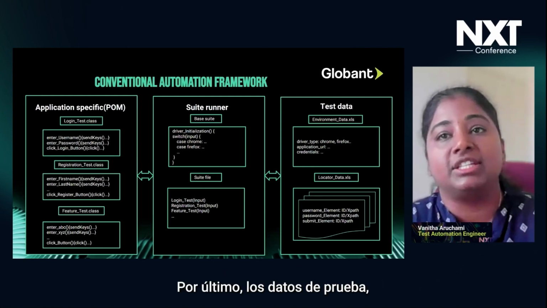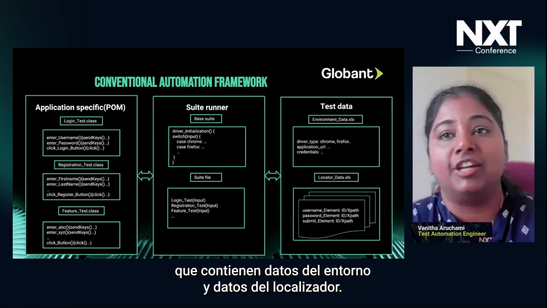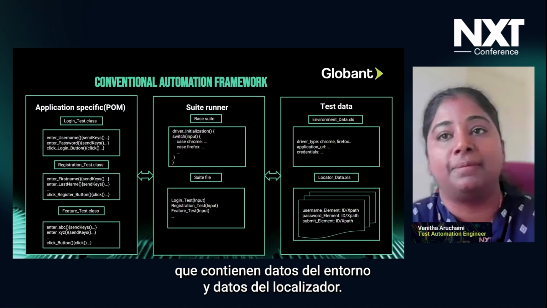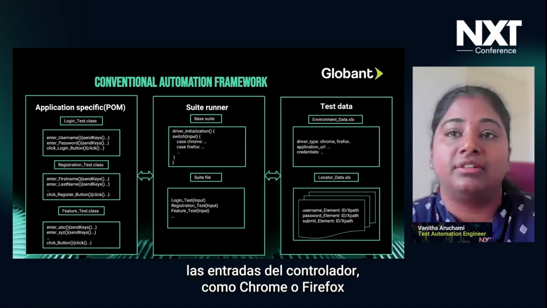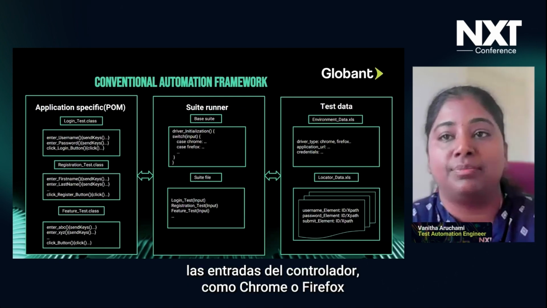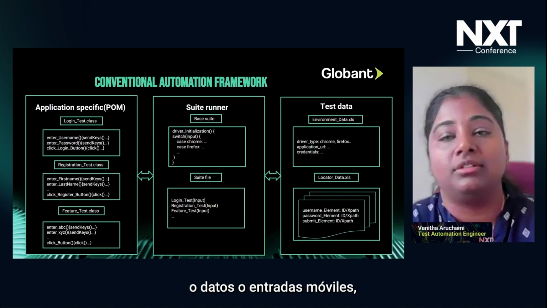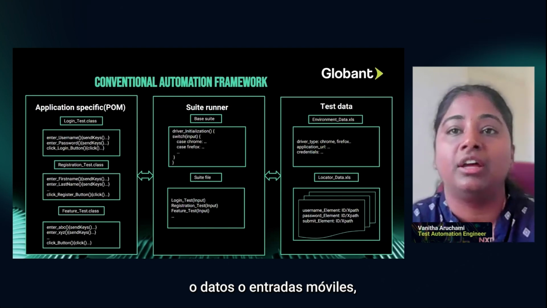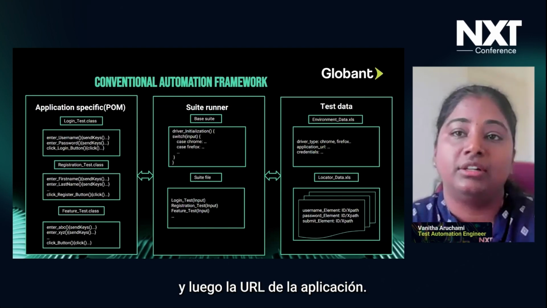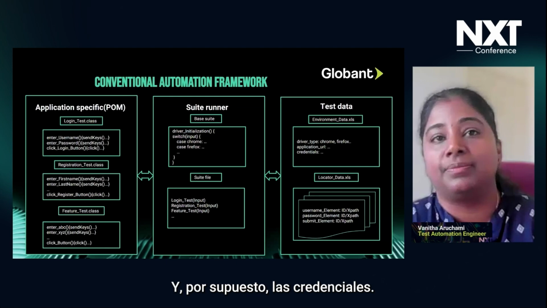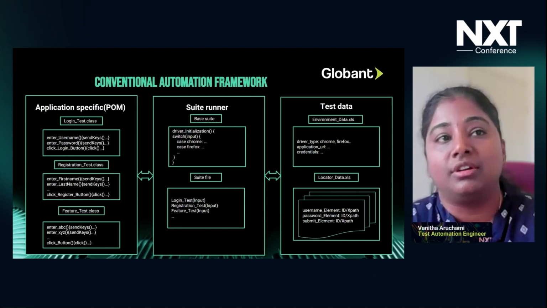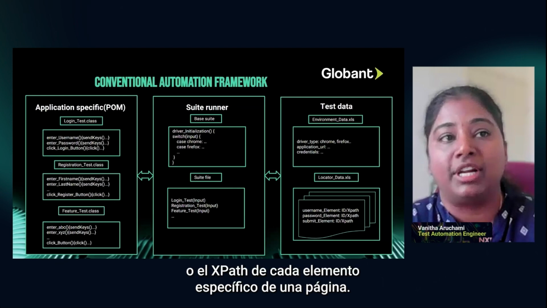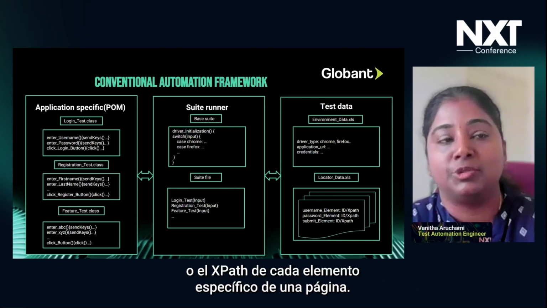Finally the test data, which contains environment data and the locator data. The environment data contains the driver inputs, for example, Chrome or Firefox or mobile inputs, then the application URL, and of course the credentials. Then the locator data will contain the ID, class name, or XPath of each element specific to a page.